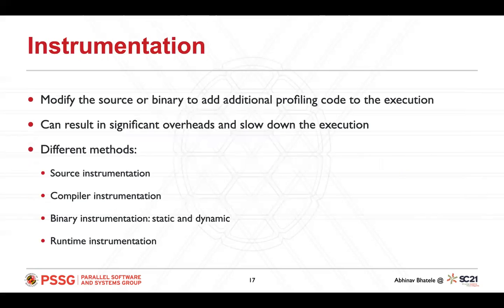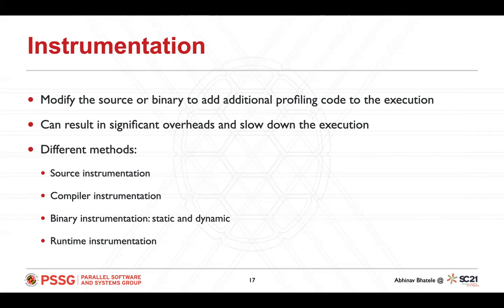As opposed to sampling, instrumentation refers to adding code either in the source or the binary, which we refer to as additional profiling code, when we execute the program. Now, instrumentation can result in significant overheads and slow down the execution. There are different methods for doing instrumentation. If a user were to manually insert code in their program, that is referred to as source instrumentation.